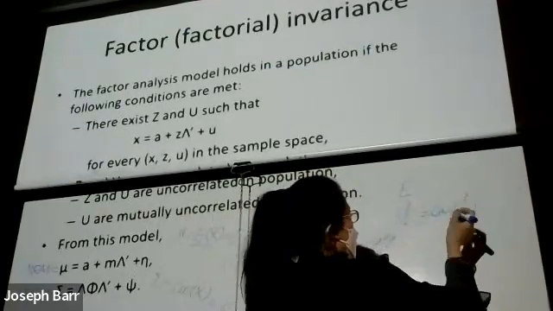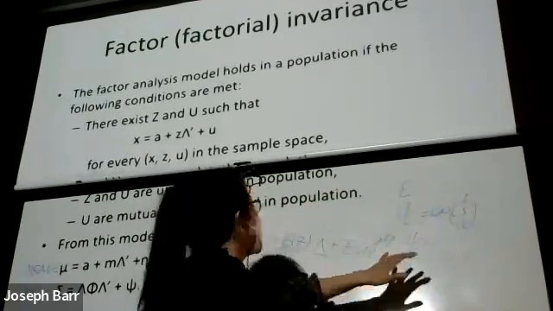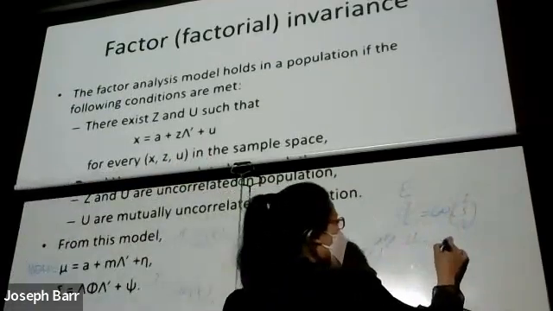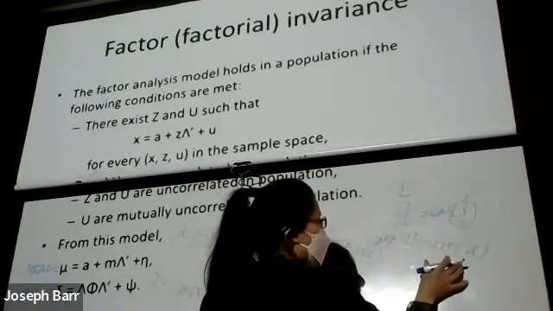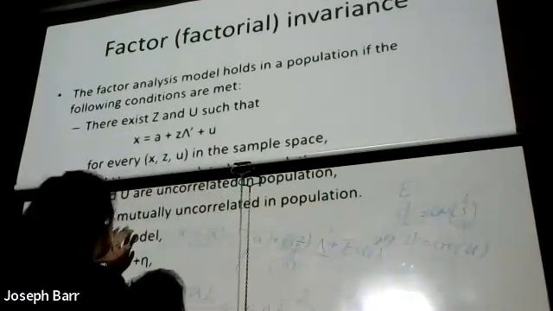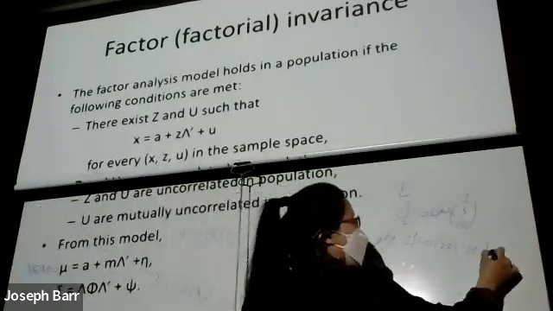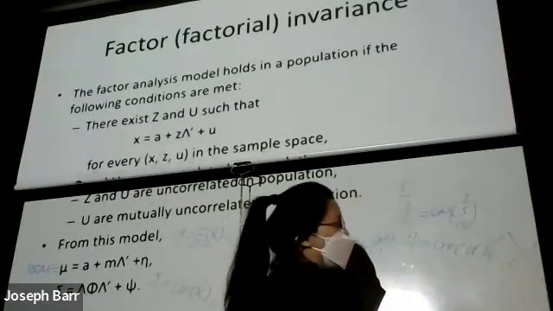And psi is the covariance matrix of the unique part, the unique factors. So this is the covariance matrix of U: U1, U2, U3. Usually it's diagonal because we assume they are mutually uncorrelated. That means all the off-diagonal elements are 0.